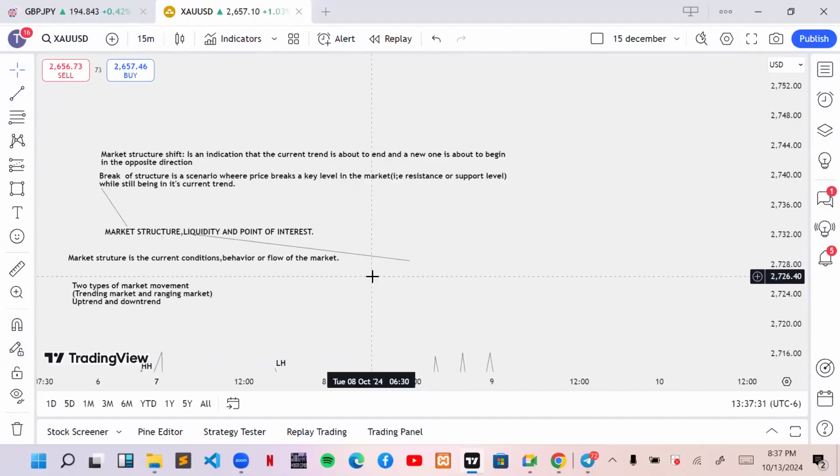So what is an inducement? Inducement is the first valid pullback that market makes after there is a shift in market structure or a break of structure. Let me repeat myself.